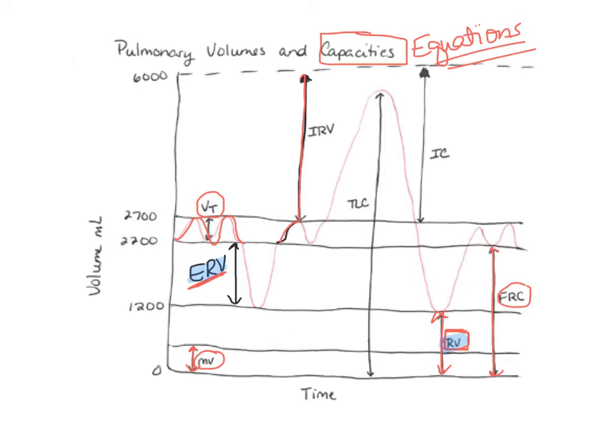It's like after you've breathed out normally, how much air is in your lungs? That's what the functional residual capacity is. So capacity is always an equation.